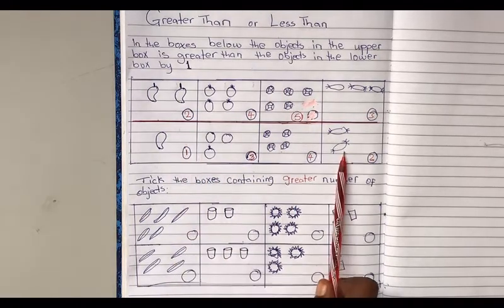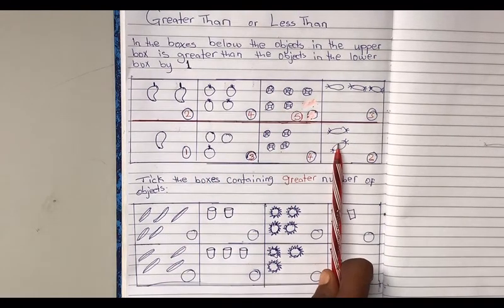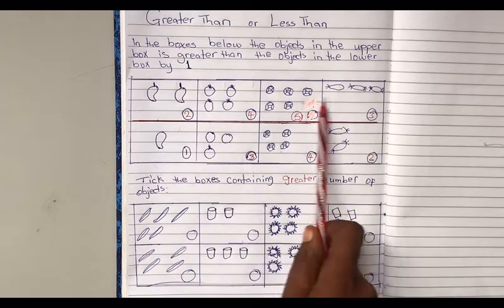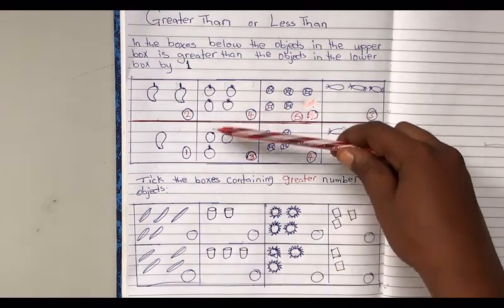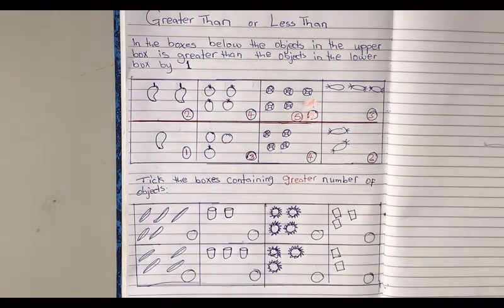These are the lower boxes, and by 1, the upper ones are greater. These ones here are all greater than these ones down by 1.